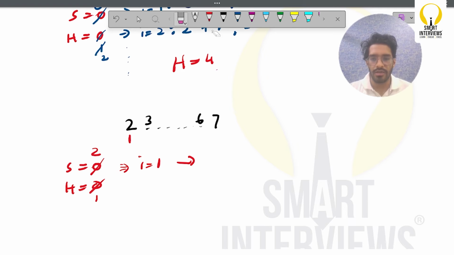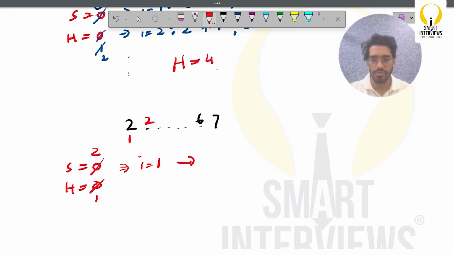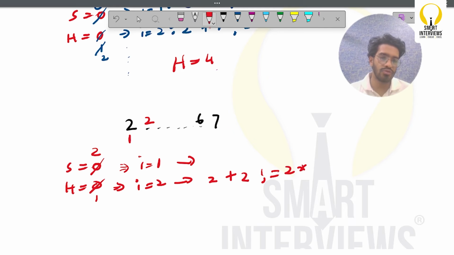But let's assume instead of 3 here, if you had 2 here. For the next iteration, what would happen? Your previous sum value is 2, and you are adding the current A of I value. The current A of I value at the second index is 2 itself. So when you add 2 to this, it becomes 4, and it shouldn't match with 2 into S, which is also 4.